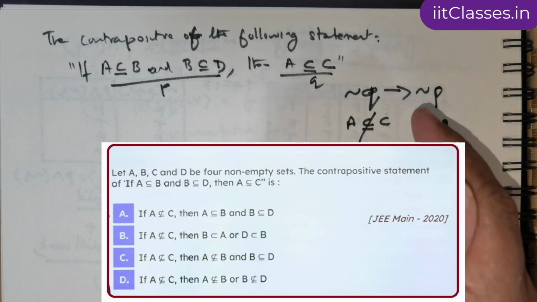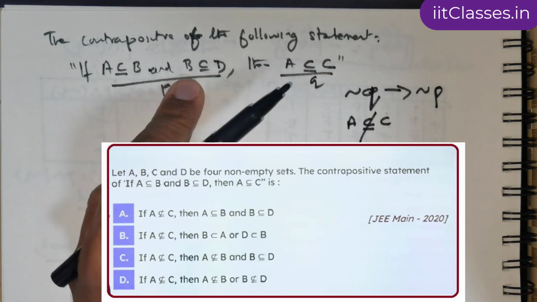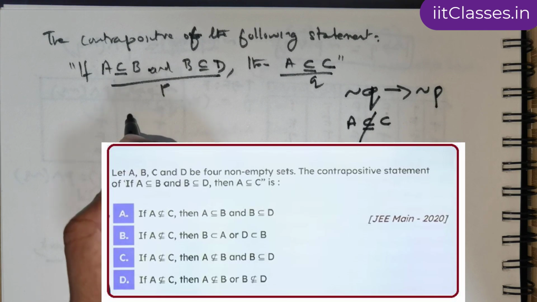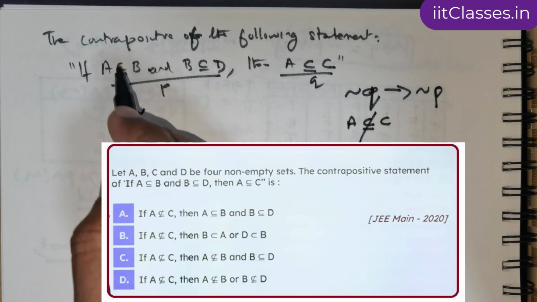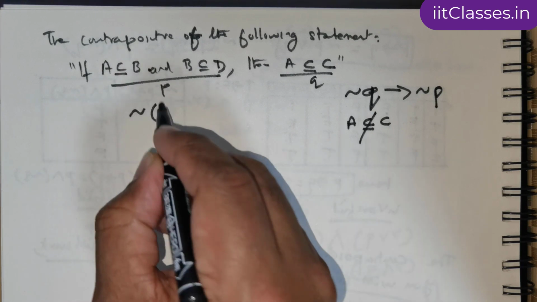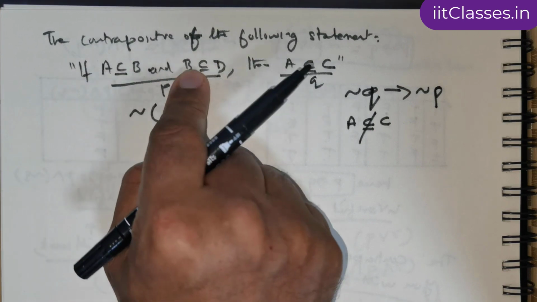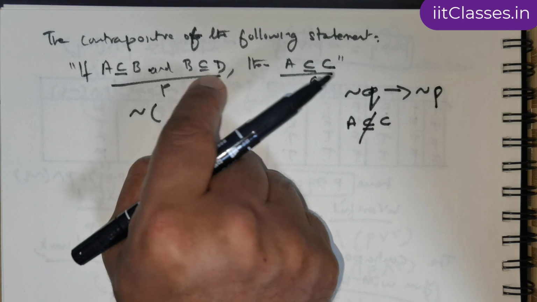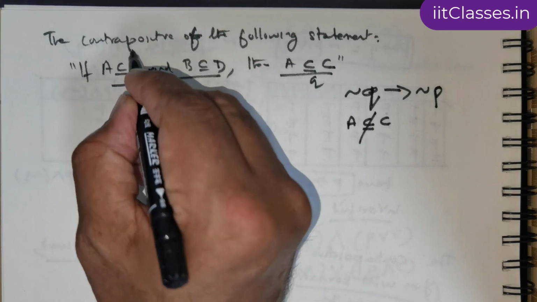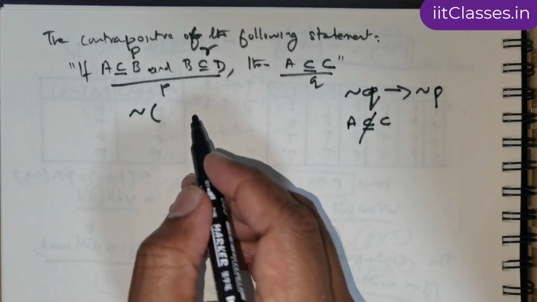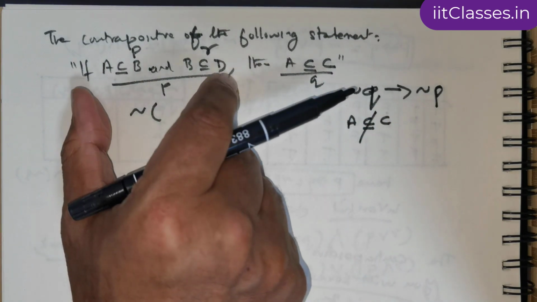That's fine. But when it comes to the negation of P, if I were to write this as A subset of B and B subset of D, so if this is taken as P and this is taken as R, I'm breaking this entire statement.